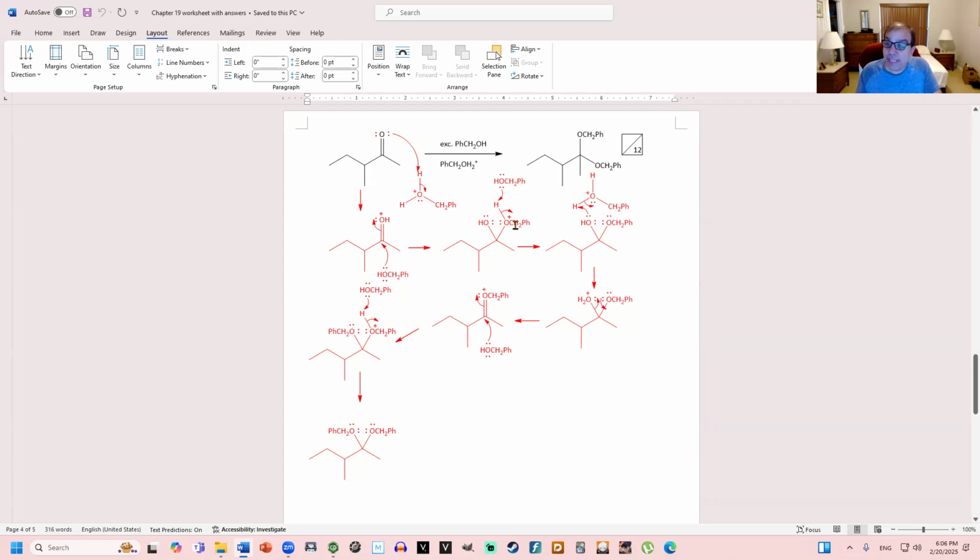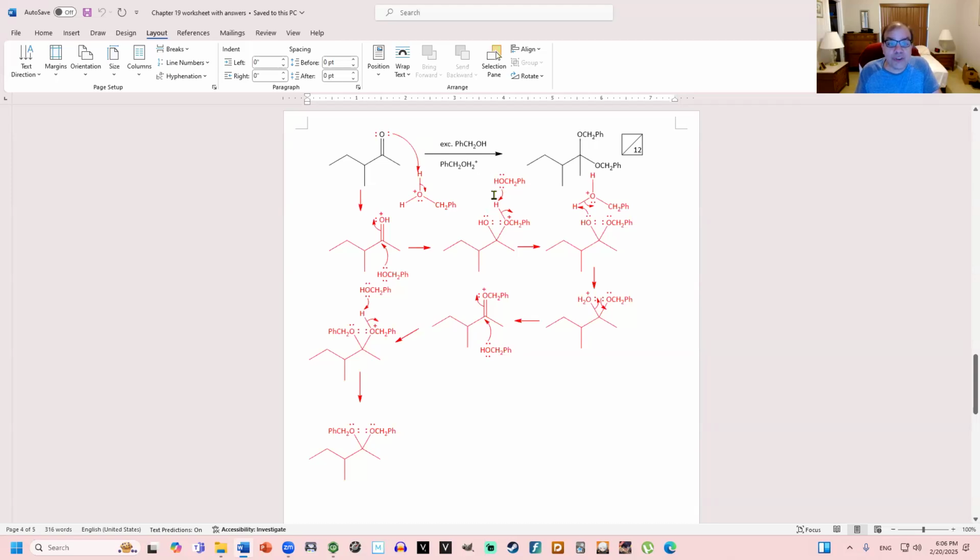In this case, benzyl alcohol, which acted as our nucleophile a moment ago, is also the strongest base that we have in solution. We don't have any stronger bases. We're in acidic solution. There are no very strong bases. It wouldn't make sense to have a strong base in acidic solution. So use, again, whatever alcohol you're given to pull off this proton.